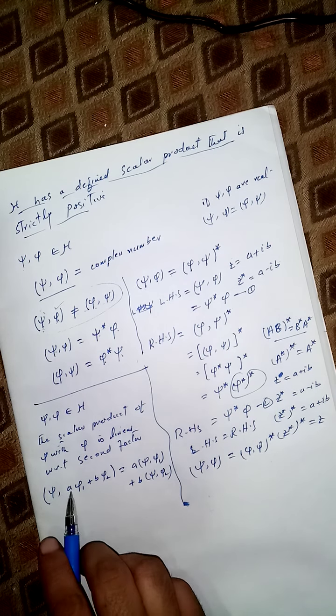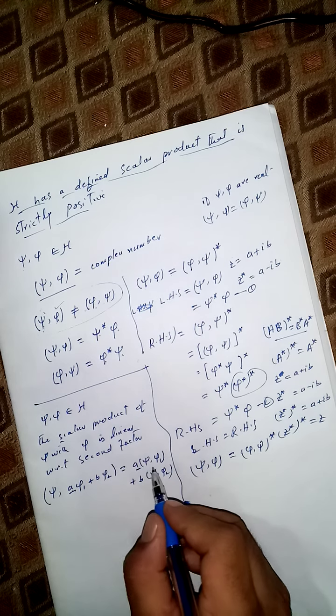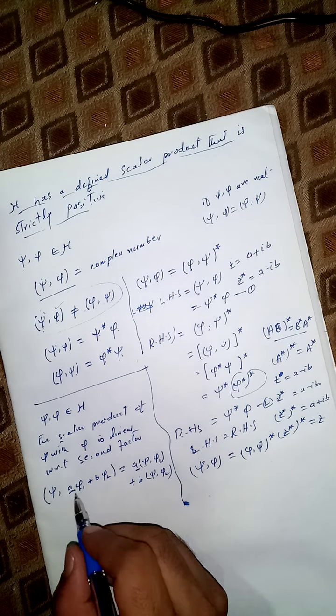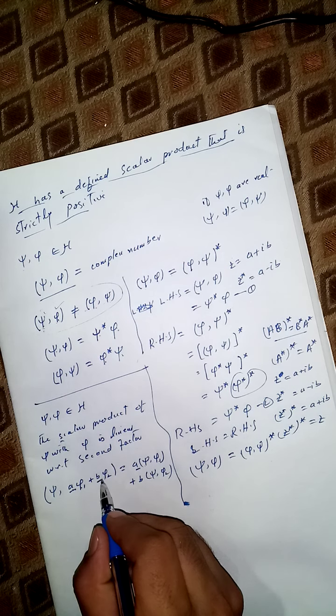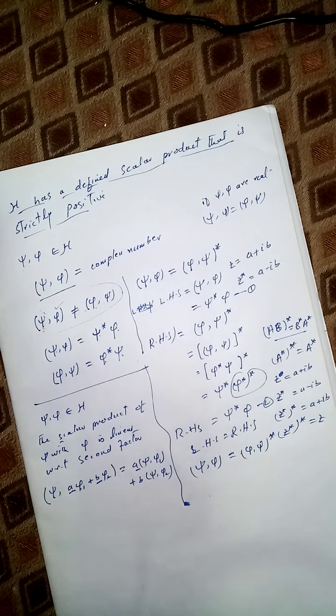We have to just take out this a from the scalar product of the first with the first, and then we take out b from the scalar product of ψ with φ2.